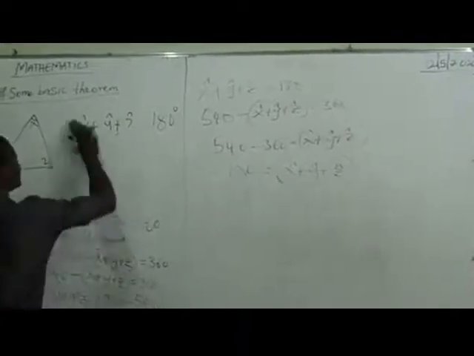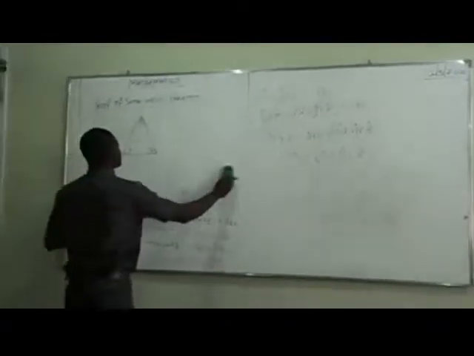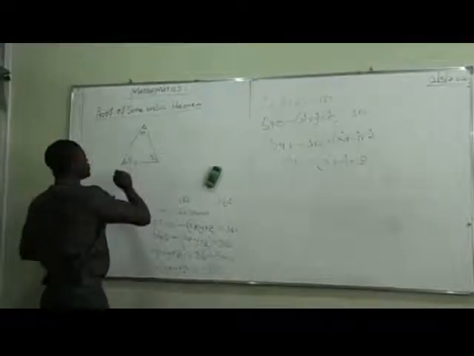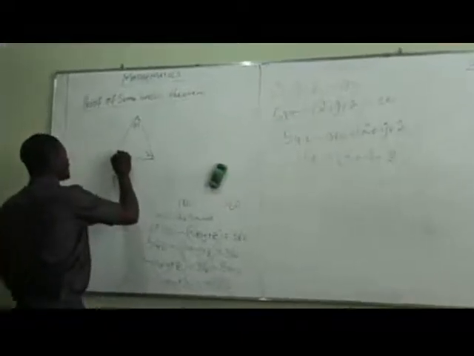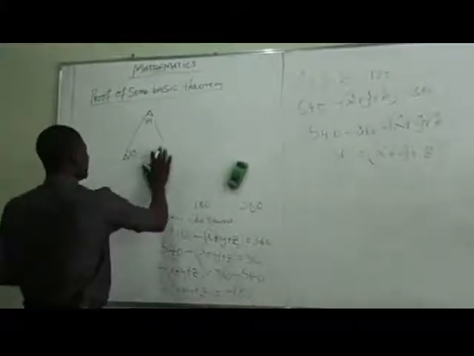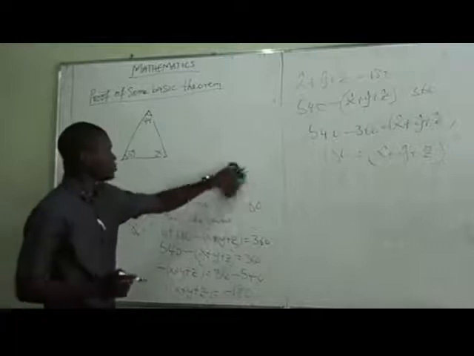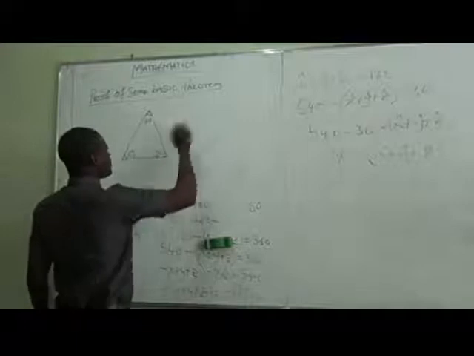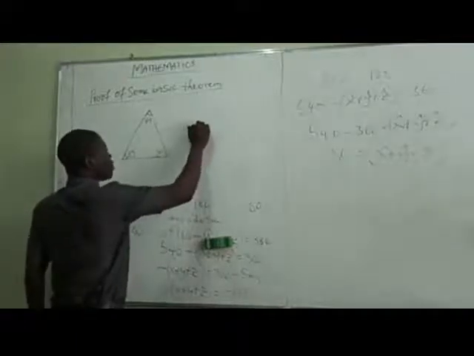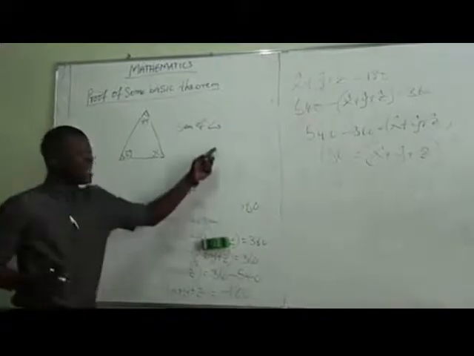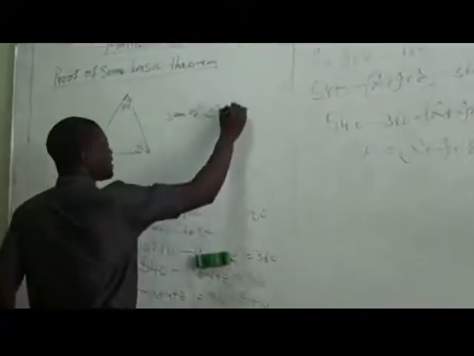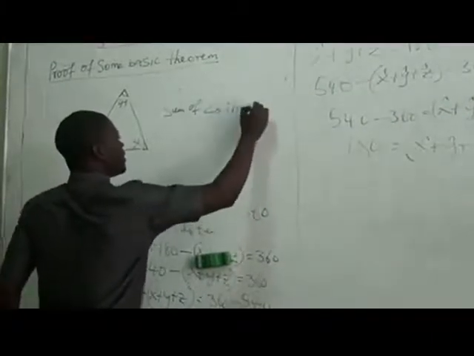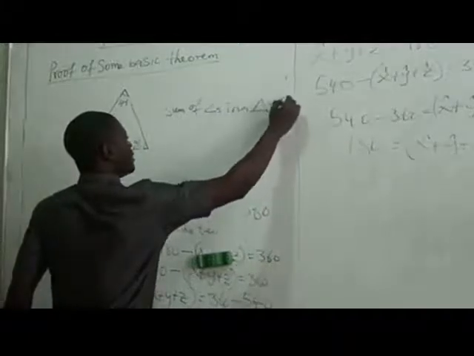Now, with this, I want you to calculate. We have 41 here, we have 39, and we have x here. I want to solve an example based on what I have just proved. What you are going to do is to put the sum of angles in a triangle equal to 180 degrees.